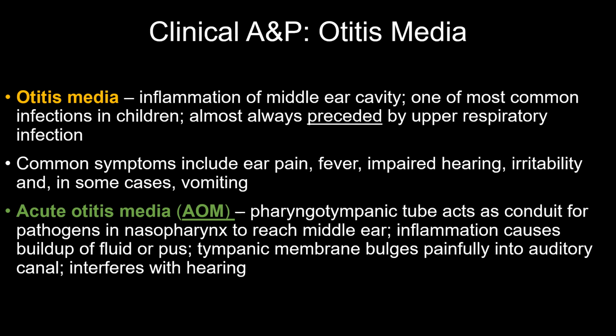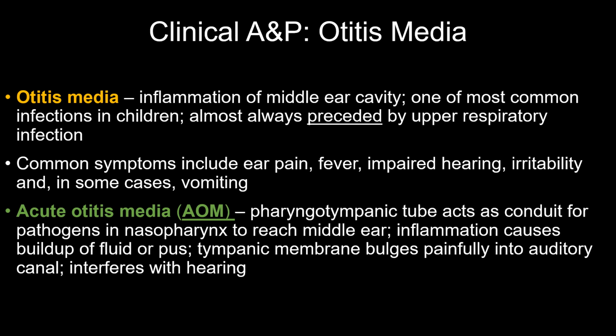Now, this is where the pharyngotympanic tube acts as the route for those pathogens to reach the middle ear. And so these pathogens will cause an inflammation, and the inflammation causes a buildup of fluid or pus in the middle ear, and this results in more pressure in the middle ear, and so that interferes with hearing.